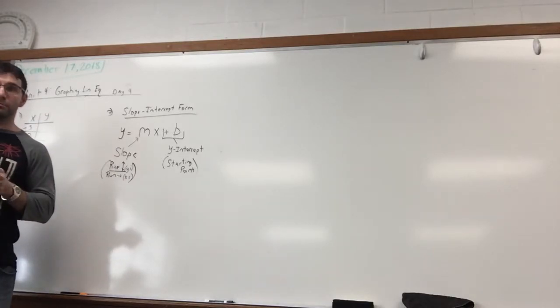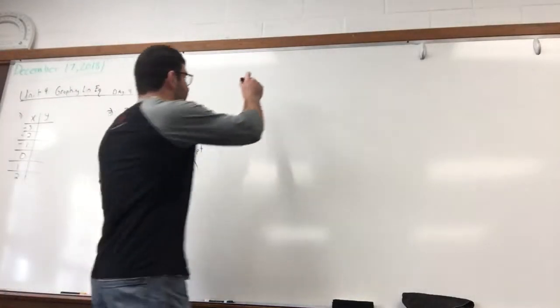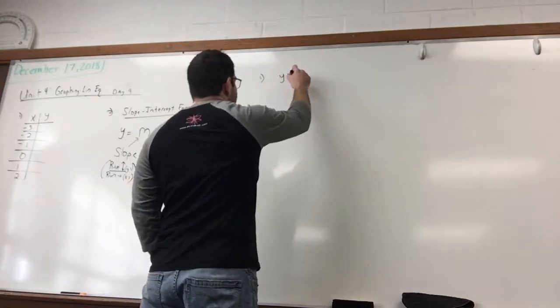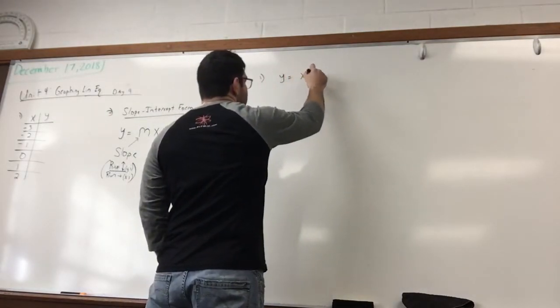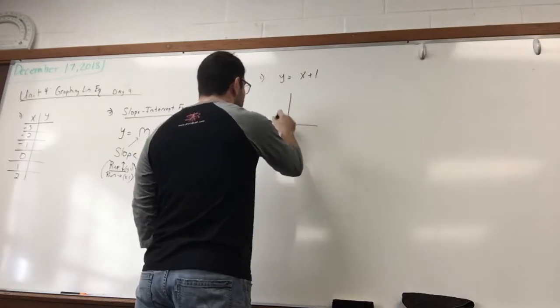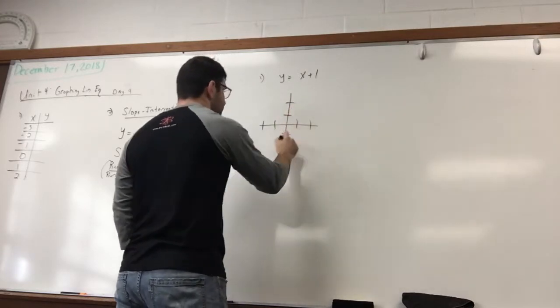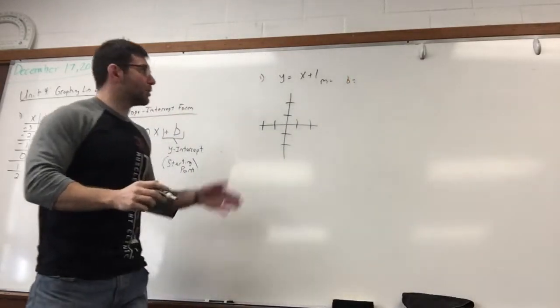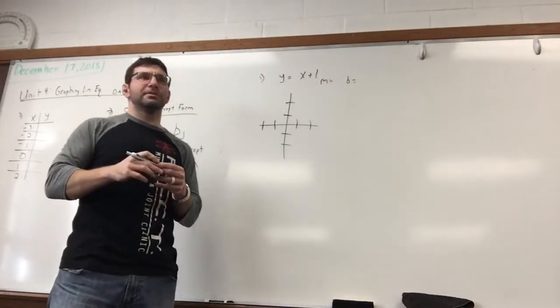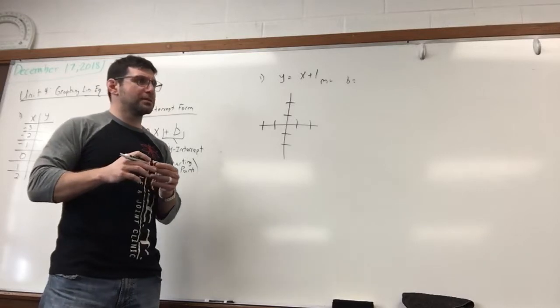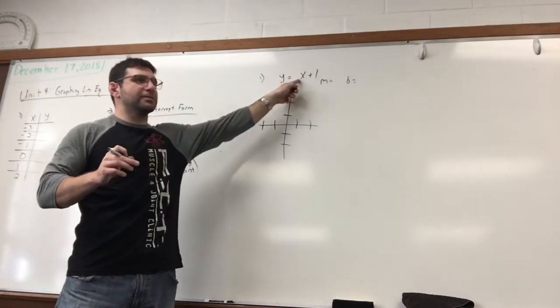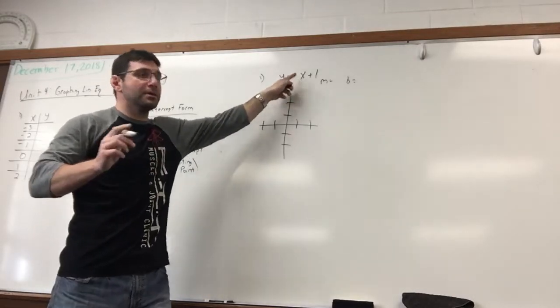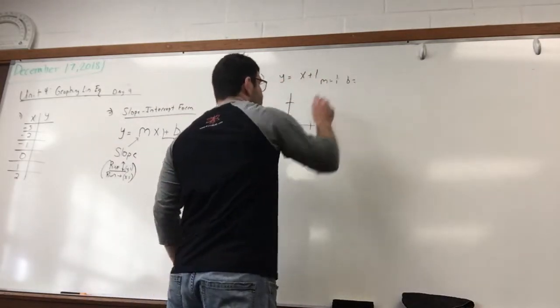We've done this before, yes? We've seen graphs where it's been y equals x plus 1. And I've asked you to say m equals, b equals. Well, what number is my m in this problem, Brooklyn? Well, how many x's do I have? Oh, so the m is really 1 divided by 1.